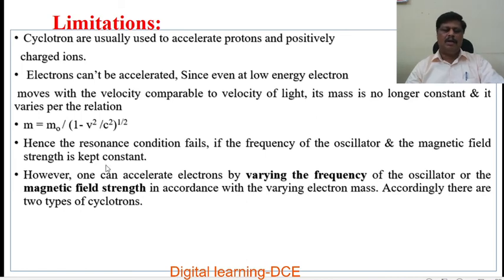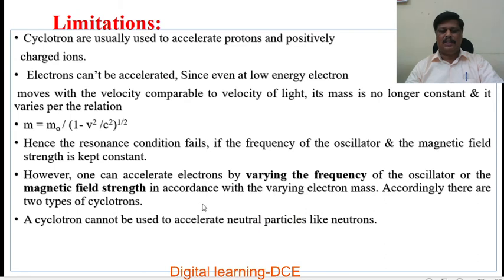However, one can accelerate electrons by varying the frequency of the oscillator or the magnetic field strength in accordance with the varying electron mass. Accordingly, there are two types of these cyclotrons: one is the synchrotron and the second one is the synchrocyclotron.